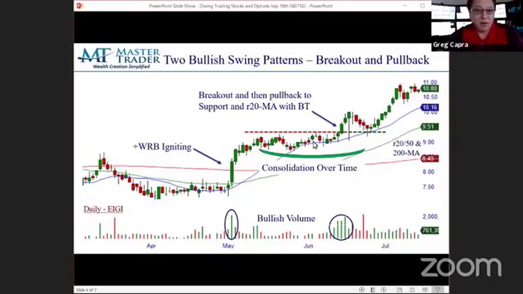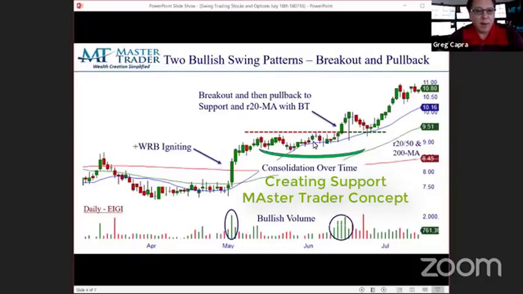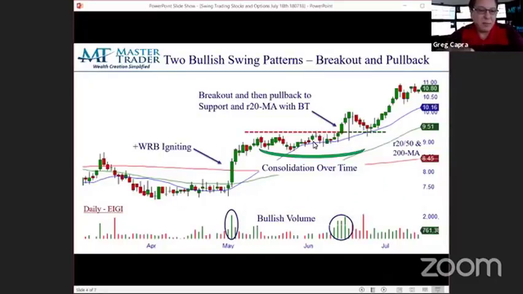A power uptrend. It didn't pull back. It's not exactly the same here, but consolidation over time is what we call creating support. And think about why breakouts work. Some of them fail, but they fail primarily because of the structure of how they formed, which is another conversation.